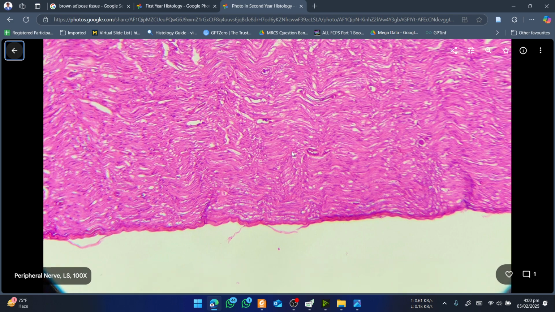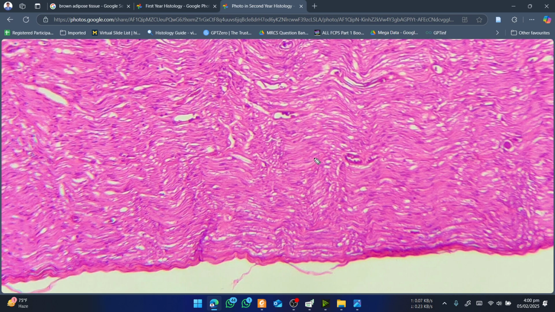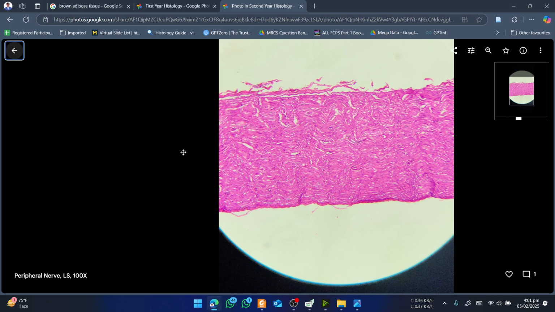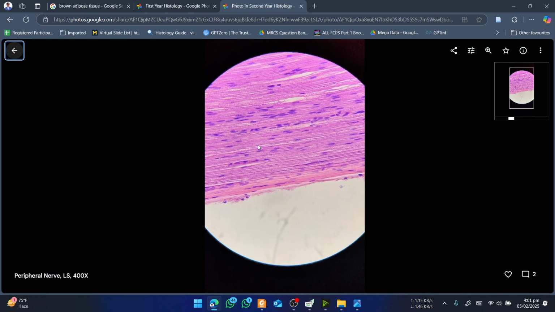I may not be able to show you very clearly here, but this is the axon. Here you may be able to identify the nodes of Ranvier. That's good enough pictures.